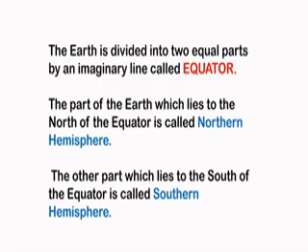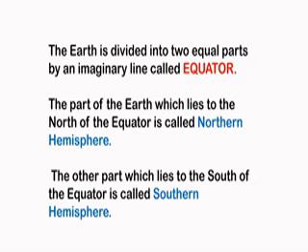Now we are going to learn more about the equator. The earth is divided into two equal parts by drawing an imaginary line in the middle between the North Pole and the South Pole. So this line is known as the equator. This equator is dividing our earth into two equal halves.